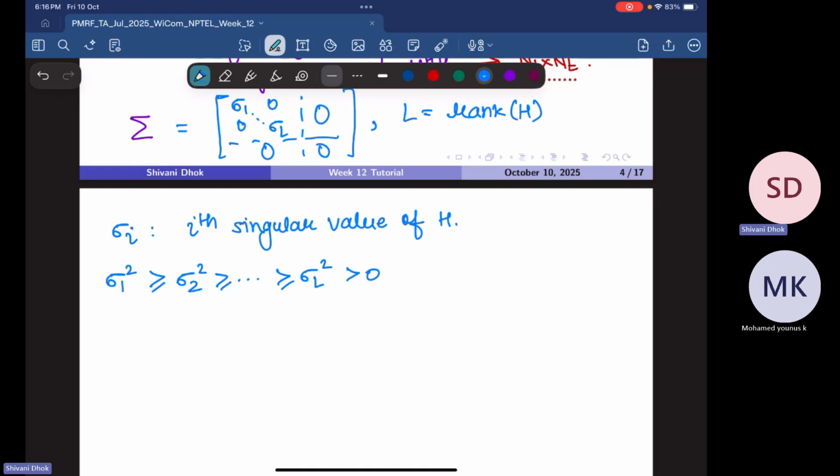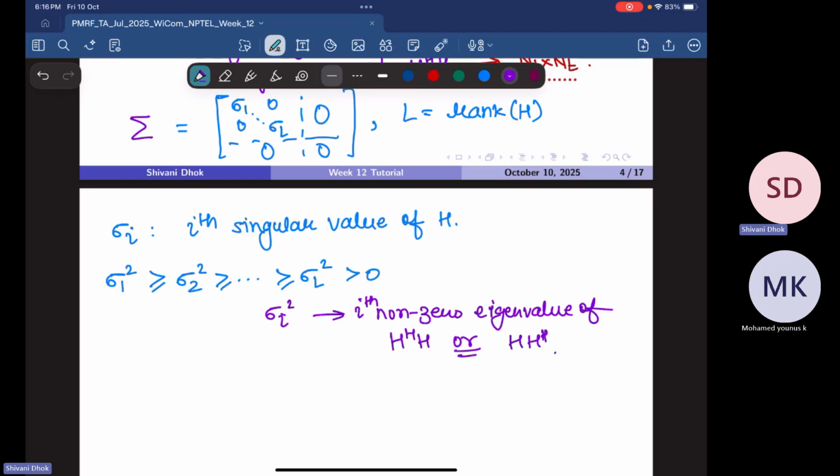These are non-negative, and L is the rank, so these are positive. And the sigma i square are basically the non-zero eigenvalues, or the ith non-zero eigenvalue, of H Hermitian H or H H Hermitian.